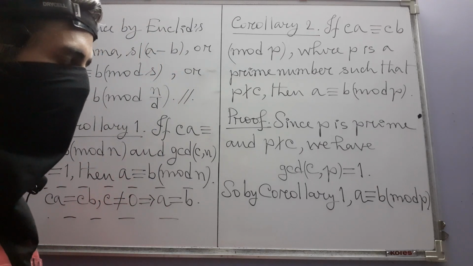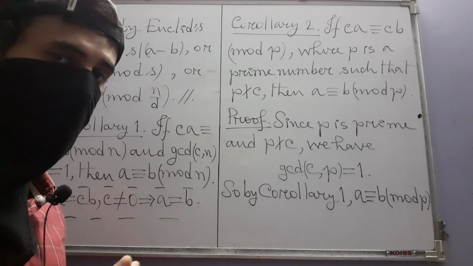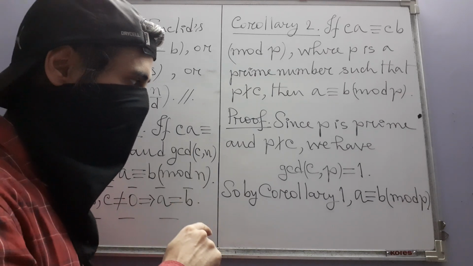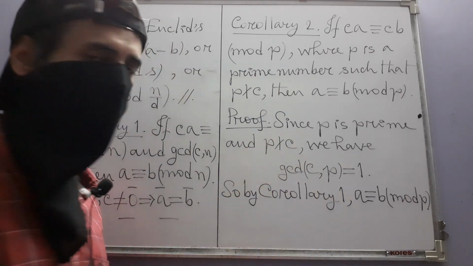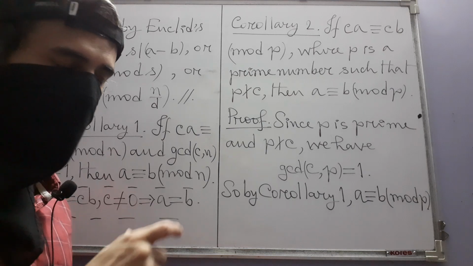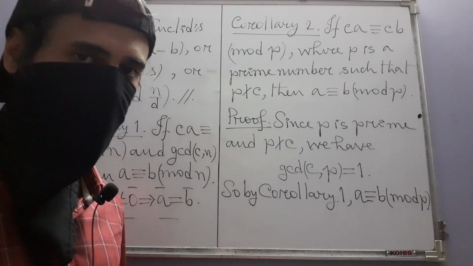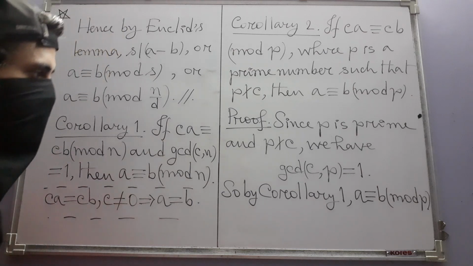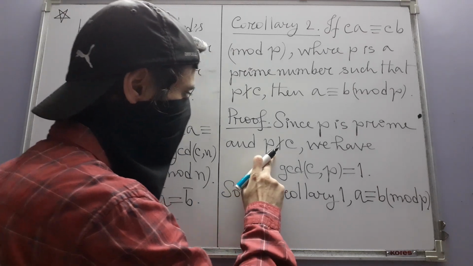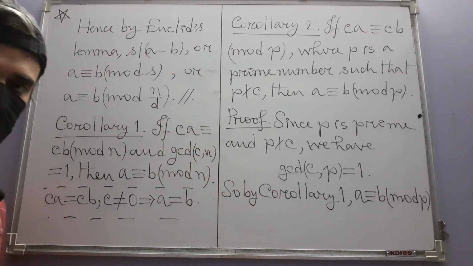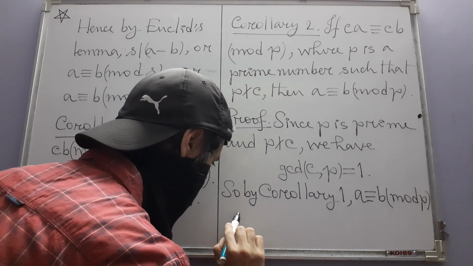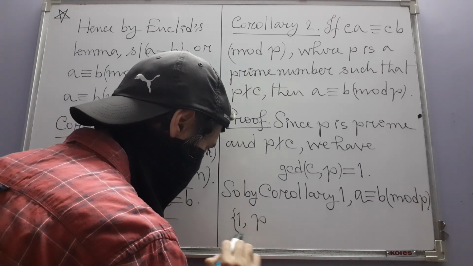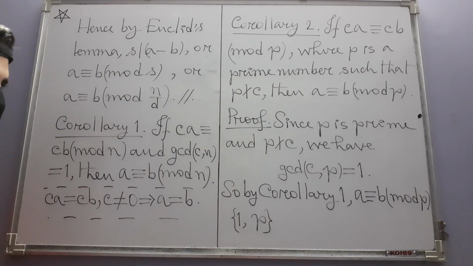What you do, you collect their positive common divisors, that means those positive integers which divide both the numbers. And the GCD is the greatest among them, because GCD, greatest common divisor. Now, what are the positive common divisors of P? Obviously, only 1 and P.